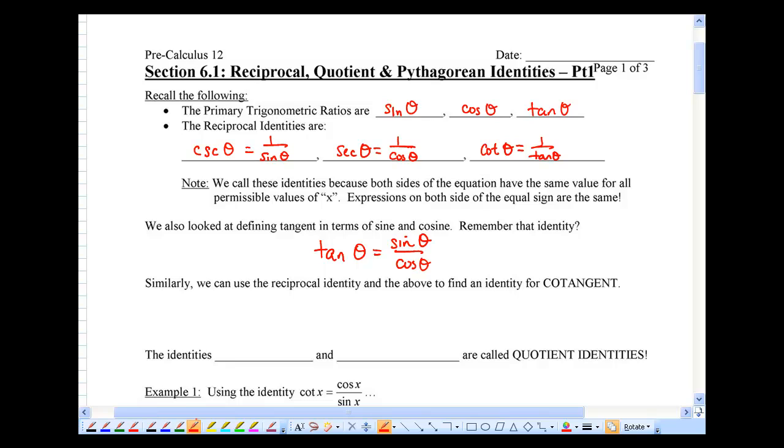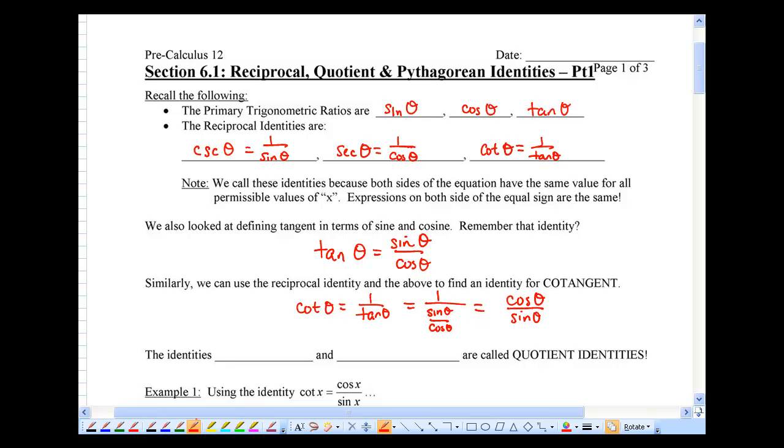Similarly, we can use the reciprocal identity and the above to find an identity for cotangent. Cotangent, once again, is just 1 over tangent, which really means it's 1 over, and we just said tangent was sine over cosine. That looks kind of messy, so we just flip it around. That's just cosine theta over sine theta.